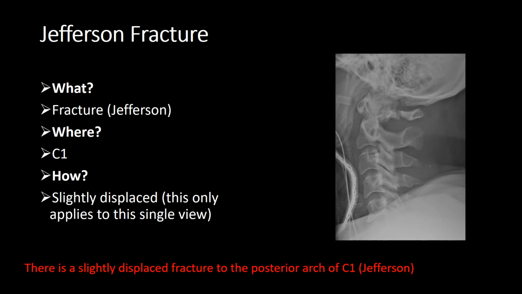If you were given 3 images in the exam, an AP, a lateral and a peg view, and the peg view demonstrated lateral displacement of C1 in relationship to C2, then the how would be burst. Okay, so we only describe it as slightly displaced in the context of this single view. Okay, let's move on.